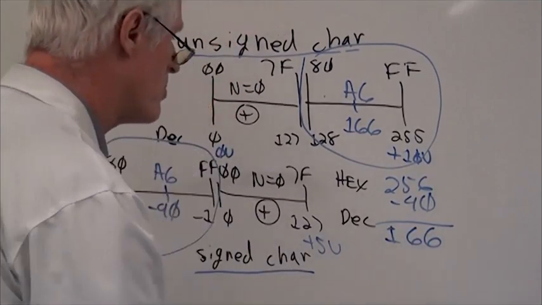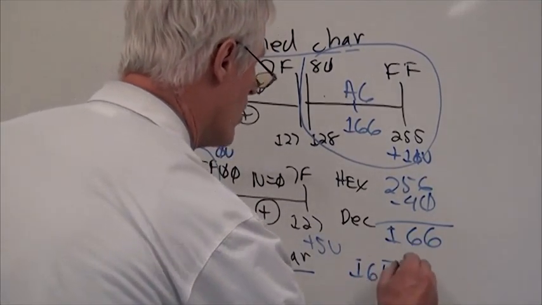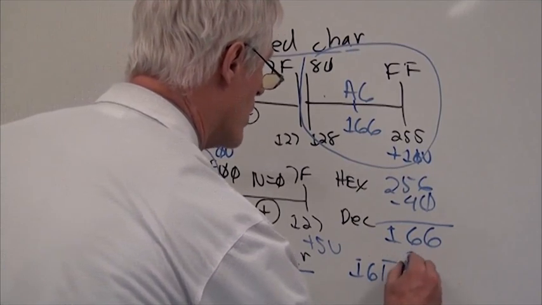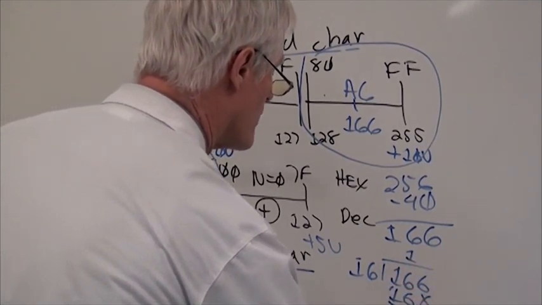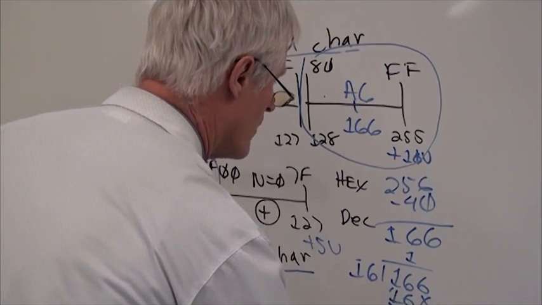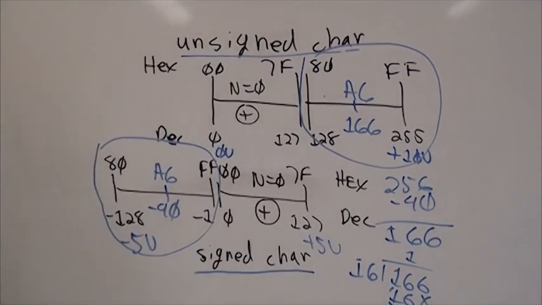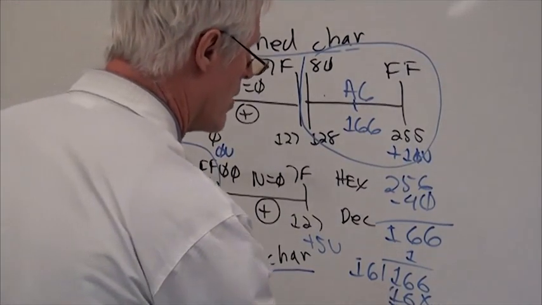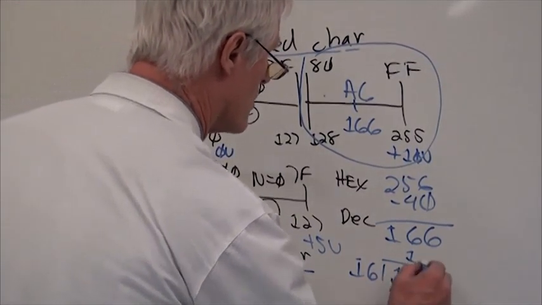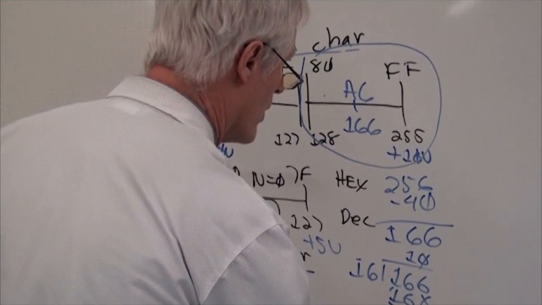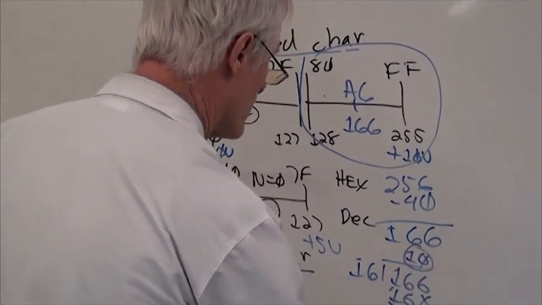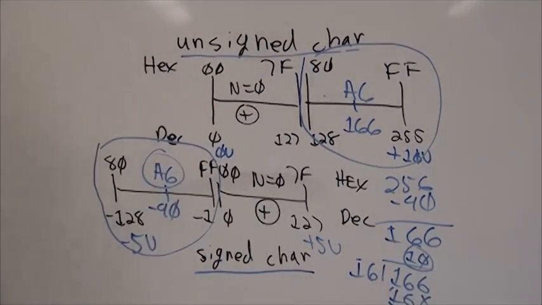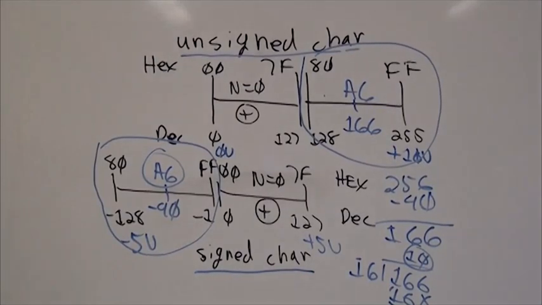Now to put this back into hex, 16 into 166, that's 10. Bring down the 6. Now, what you have to do is divide twice. You can't just divide once and say that's 16. You have to divide twice. So 16 goes into 6 0 times with 6 remainder, and our answer here is A6, just as before. So this is how you can do signed conversions.